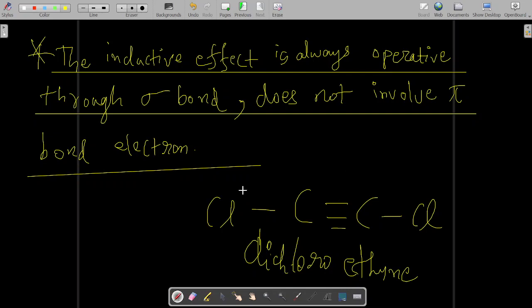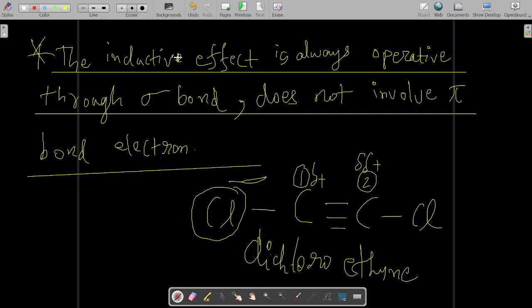The inductive effect will be on this due to this chlorine. There will be inductive effect on this, and due to this chlorine, the inductive effect on this will be lesser. So delta positive on this first carbon, and delta positive on this second carbon.